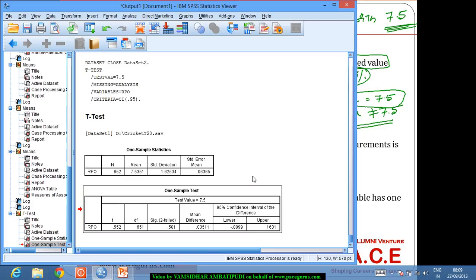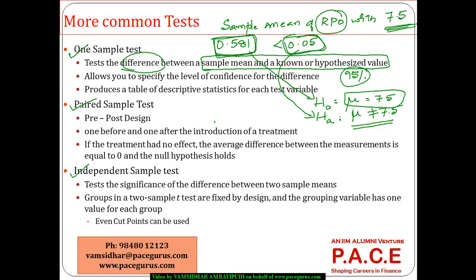But we don't need to look at all these. As far as the t-test is concerned, my major intention is to assess whether a particular statement can be accepted or needs to be rejected. In this case, I cannot reject the null hypothesis of 7.5. So I can very well say the sample mean of runs per over is somewhere around 7.5 itself. That statement cannot be rejected.